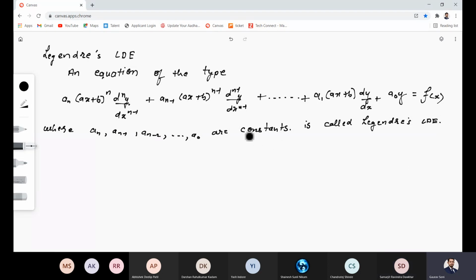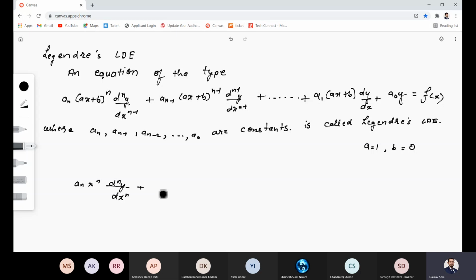But it doesn't make a lot of difference, because if you put a is equal to 1 and b is equal to 0 in this, you will get x raised to n d^n y by dx^n. So Legendre's linear differential equation is actually just the generalization of Cauchy.